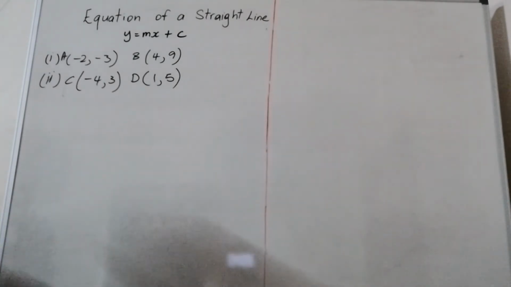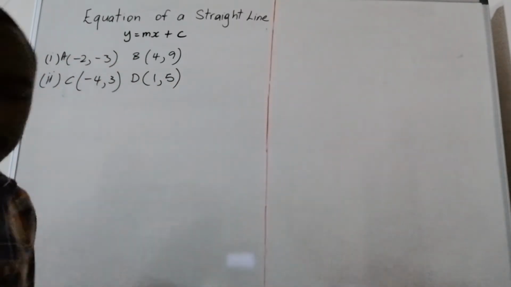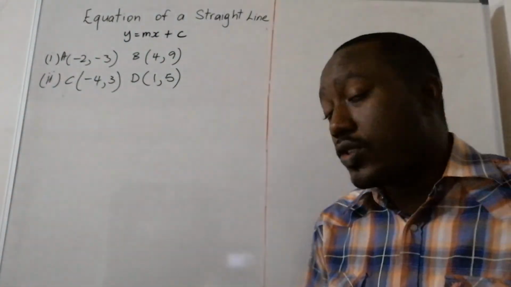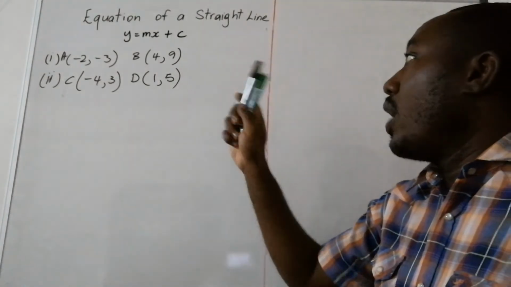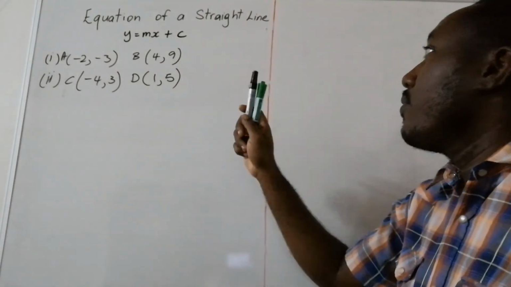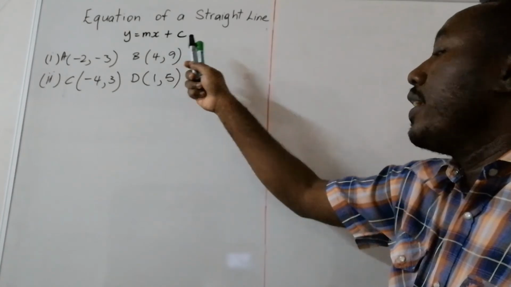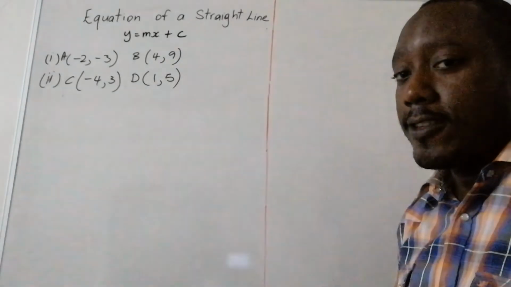Alright, so in this class, we will strive to find the equation of the straight line when 2 points are given. So here it is. Remember, equation of the straight line is y is equal to mx plus c. So what we need to do when we have to find the equation of the straight line is to find the gradient and to find the y-intercept.